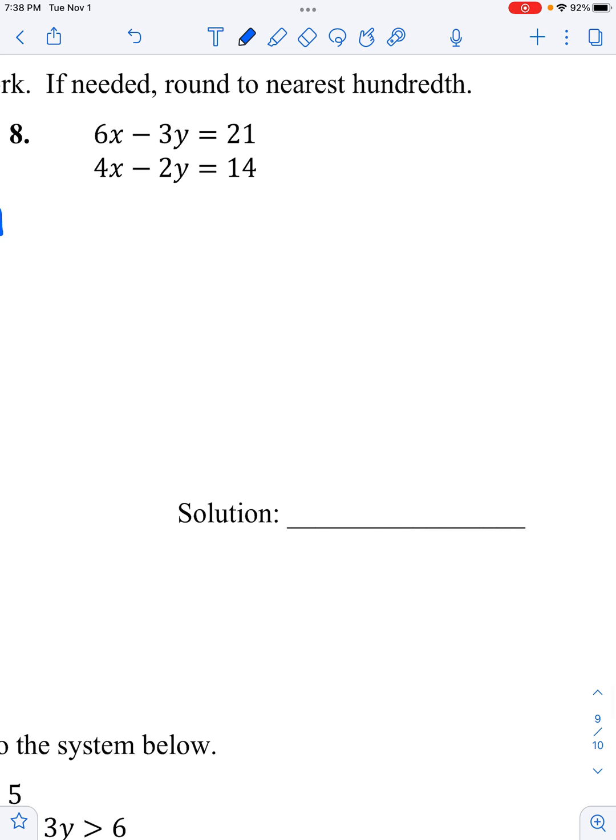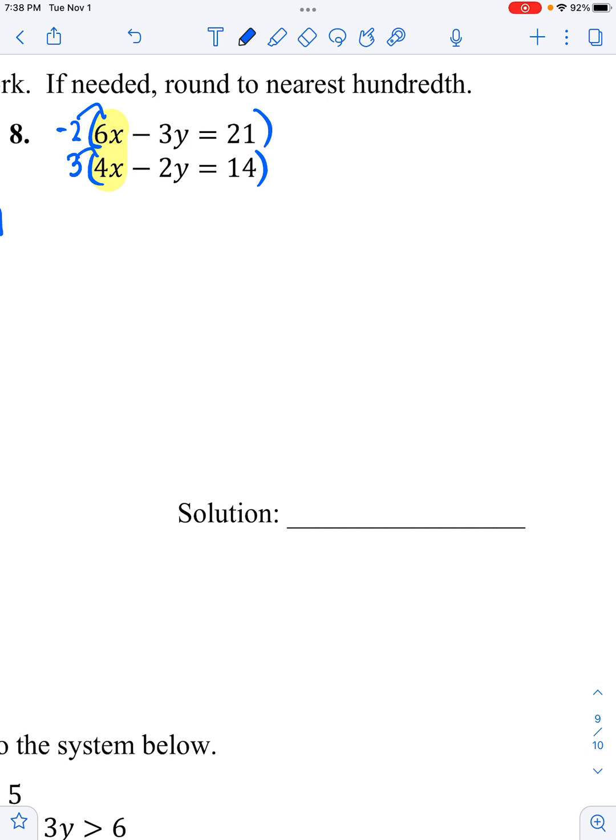Here it's set up in columns where it's x's, y's, numbers. So I would do that using elimination. And you can kind of do this however you want, but I would again probably turn the x's into 12 because they can both turn into 12. So I'm going to multiply this by a negative, so that'll become a negative 12, and this by a positive 3, so that'll be a positive 12.